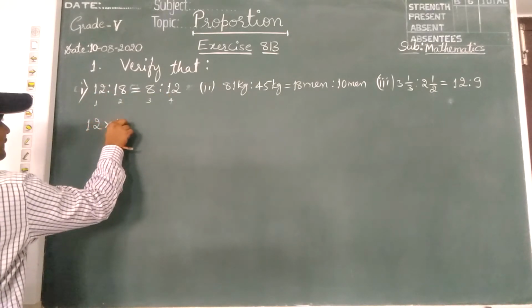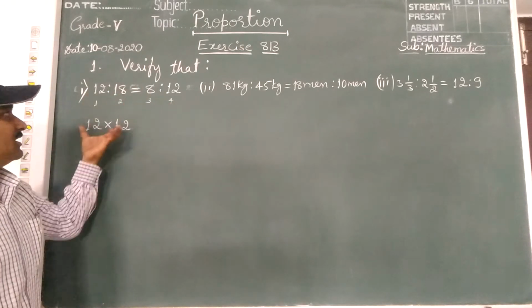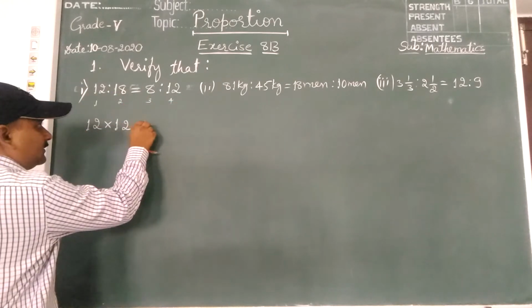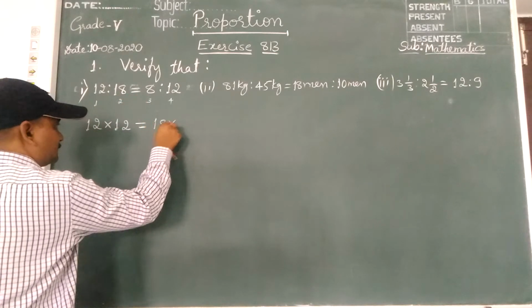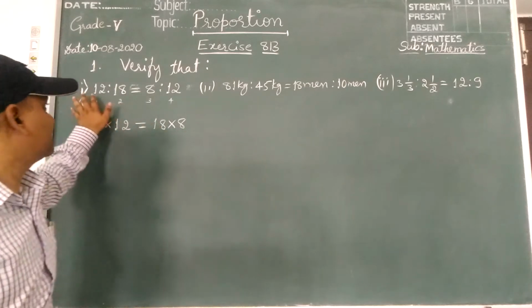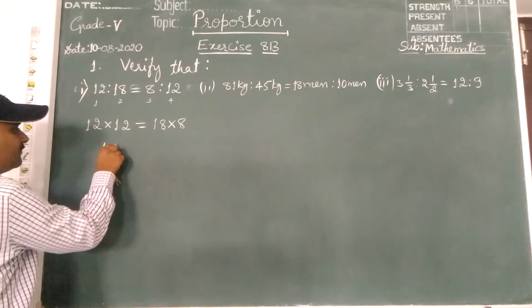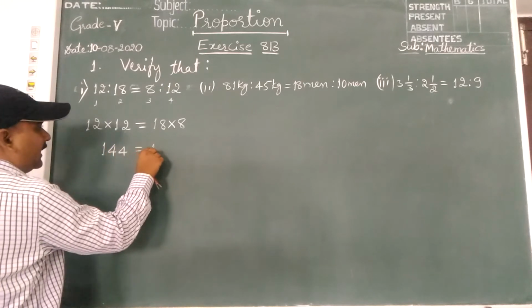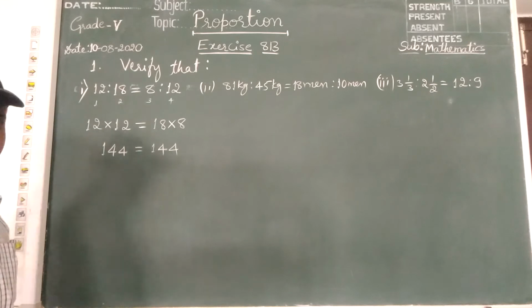12 into 12, the extremes, first term and fourth term, equal to the product of middle terms. Product of extremes is equal to product of mean terms. 12 into 12 is equal to 18 into 8. 12 12s are 144. 18 8s are 144.